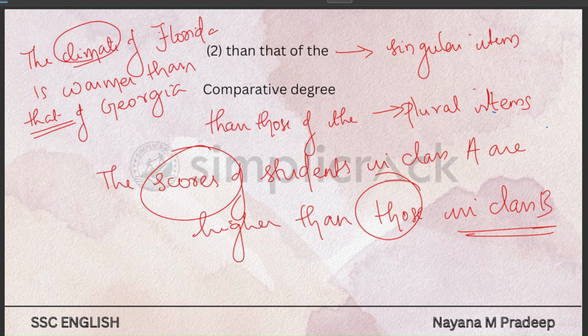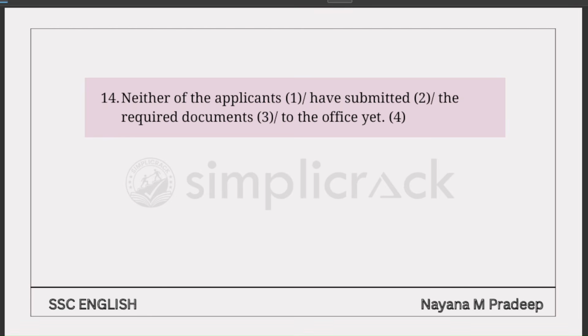So when you want to compare a singular item, you use "than that of the." When you want to compare plural items, you use "than those of the." Okay, if that is clear, we shall move on to the next question.